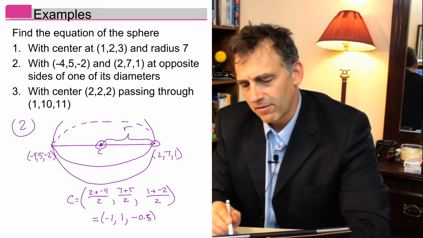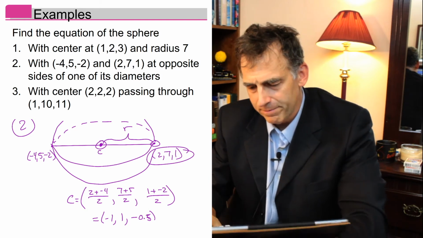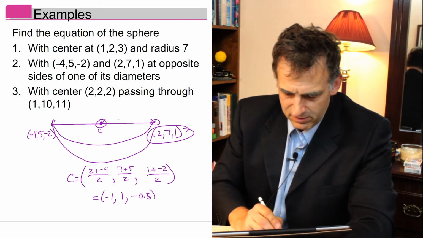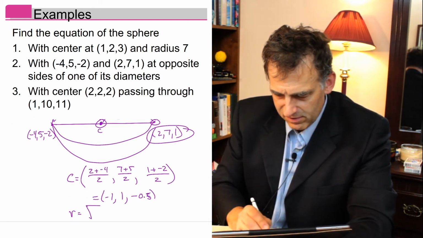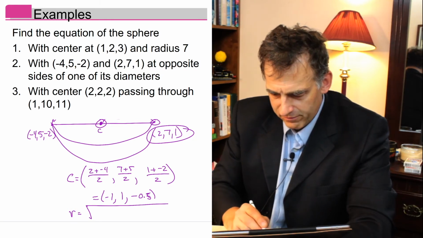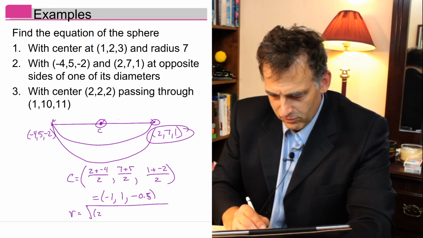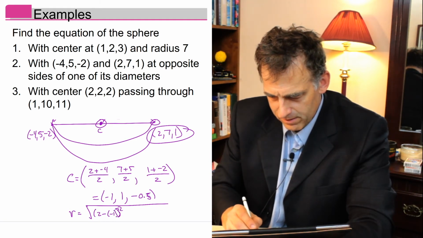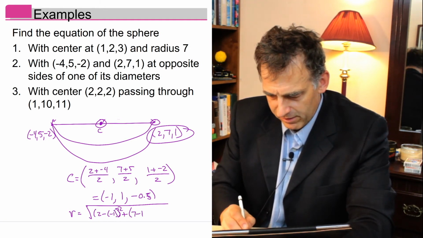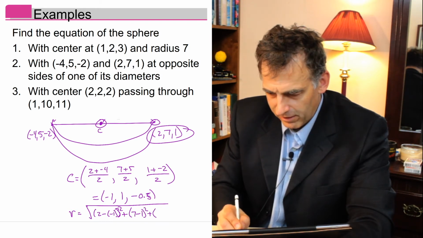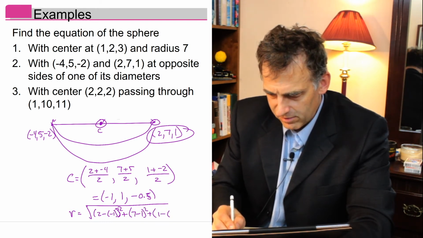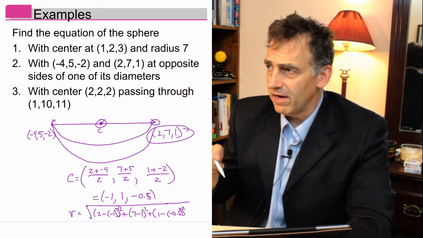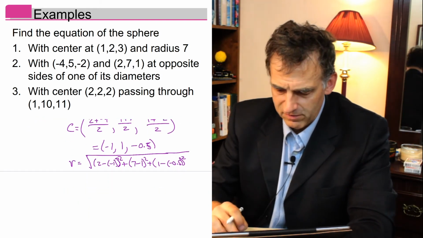Now the radius is the distance between the center and any point on the edge of the sphere. I'm going to choose this one because I like it better. So let's do the distance. The radius in this case is going to be the square root of (2 minus -1) squared plus (7 minus 1) squared plus (1 minus -0.5) squared. A little messy down there, but hopefully it's okay.